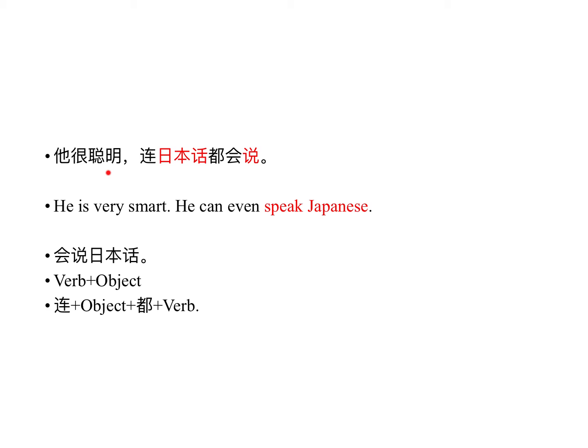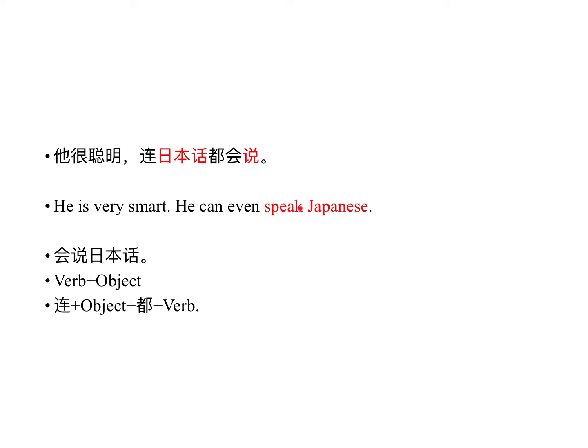他很聪明，连日本话都会说。Right? Here, he's very smart. He can even speak Japanese. Here, we want to emphasize speak Japanese. It is the verb object phrase. So in this case, how do we say the sentence? We say 连日本话都会说.